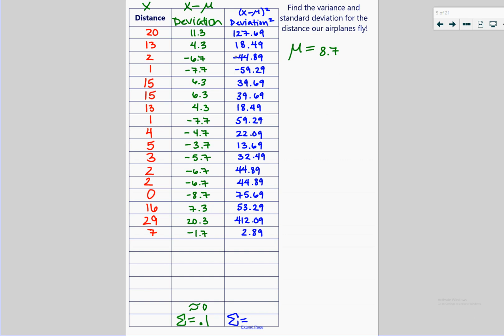Oh, there shouldn't be negatives there. Sorry, I know everything squared's positive.